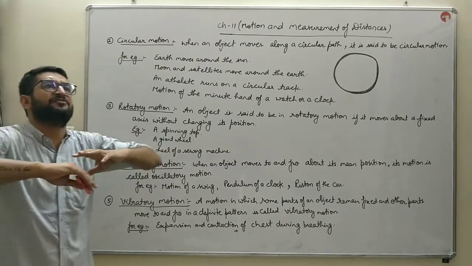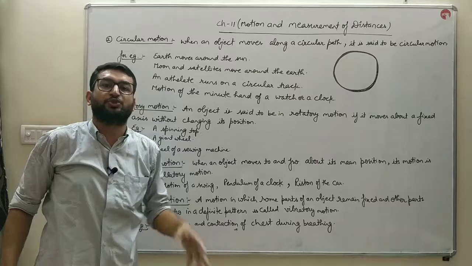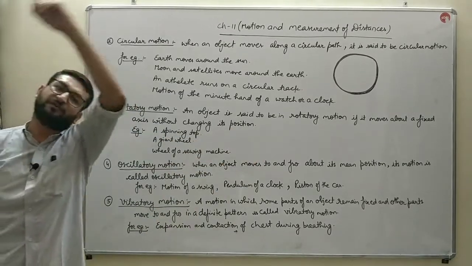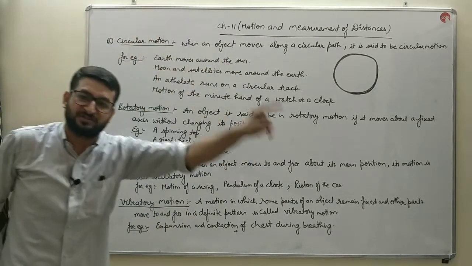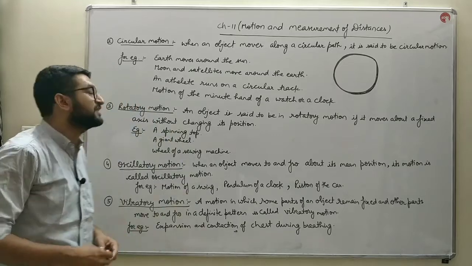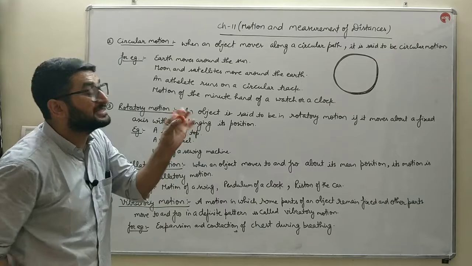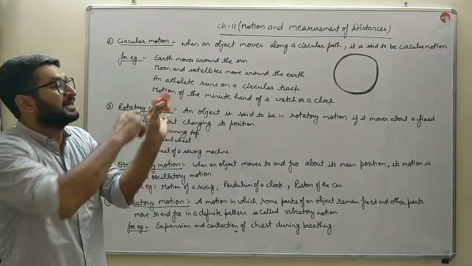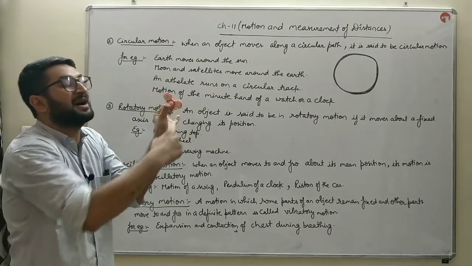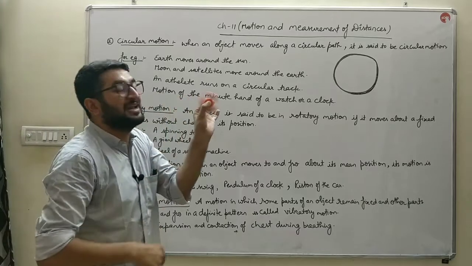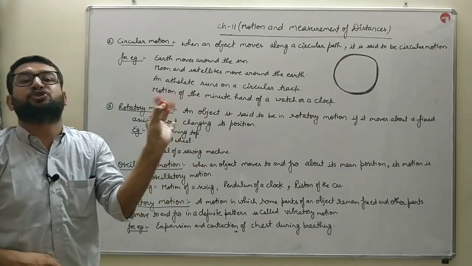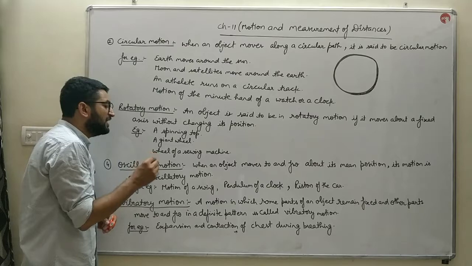You must have observed in a fair a giant wheel on which you sit and it takes you for certain spins. That giant wheel moves in a rotatory motion. The center axis remains the same and the other parts move around this central axis. So this type of motion is known as rotatory motion.